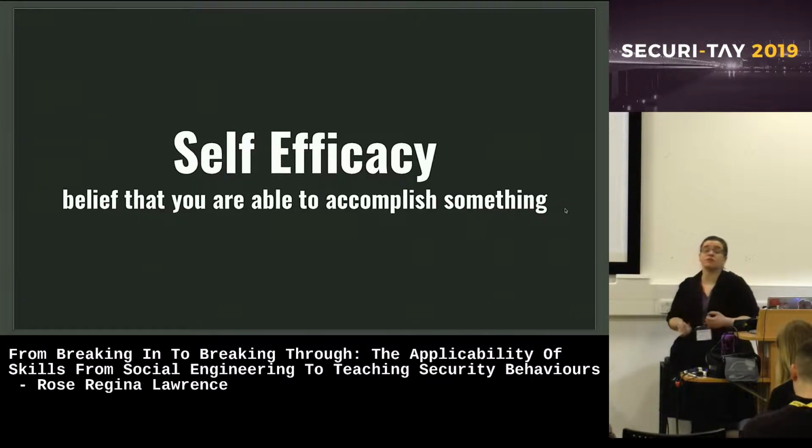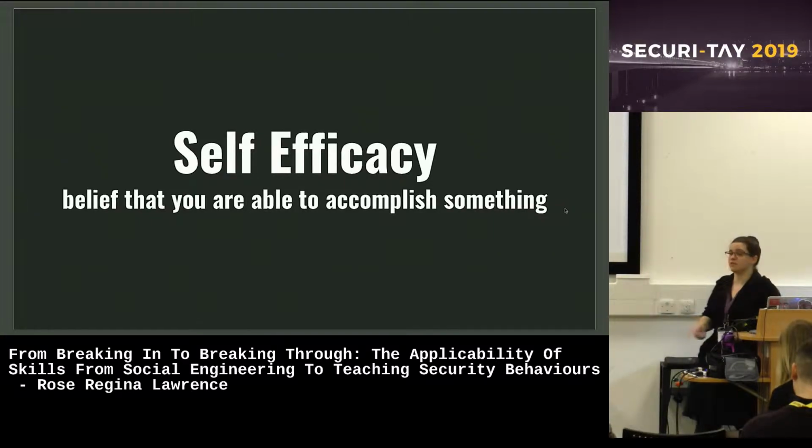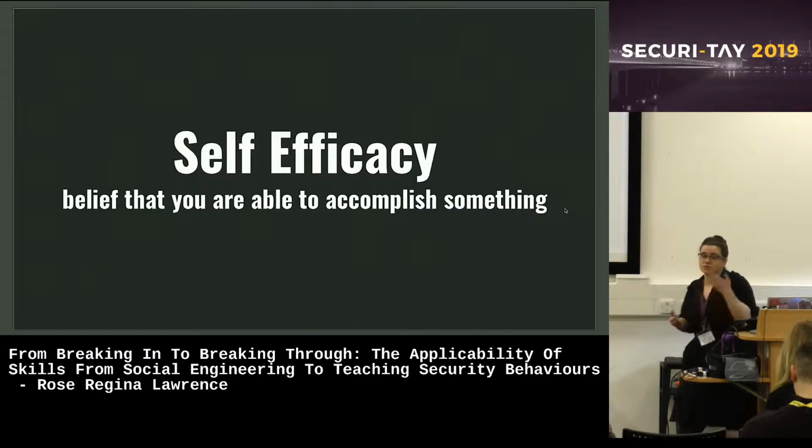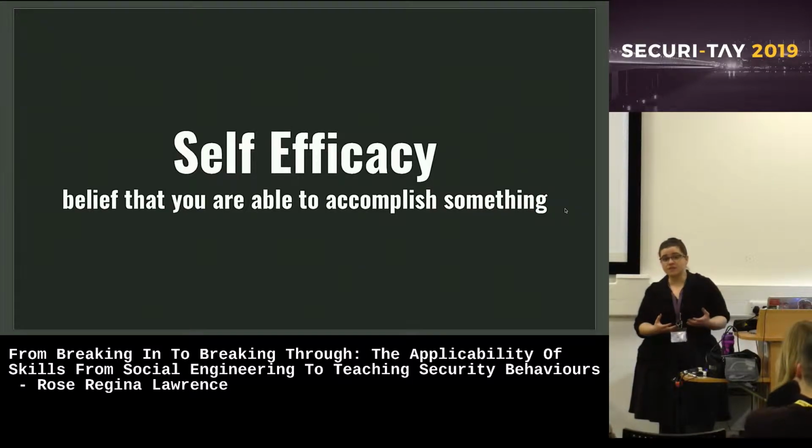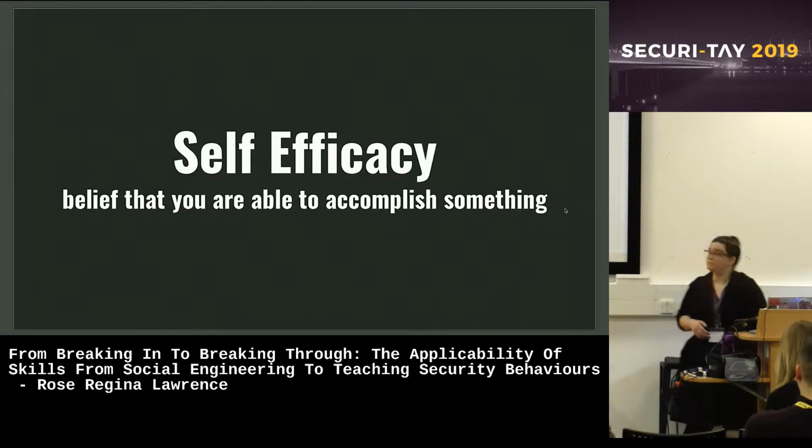And this ends up being really important when you're teaching someone to do something, because if they believe that they can do it, you're going to have a much easier time supporting them in doing it. Because when you're talking about social engineering, you're generally talking about how do I get someone to do a thing? But when you're talking about digital security education interventions, you're generally talking about how do I get someone to get themselves to do a thing?